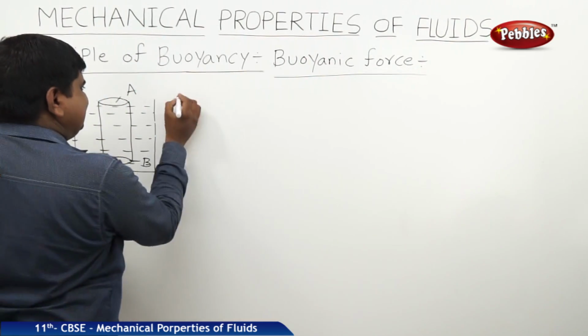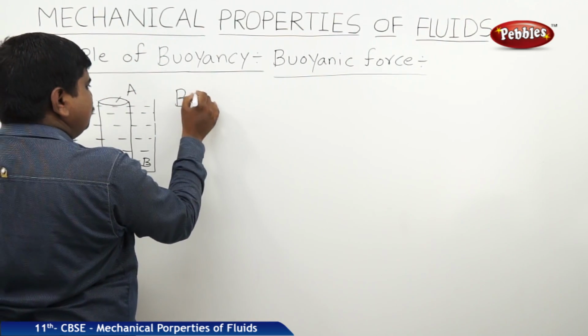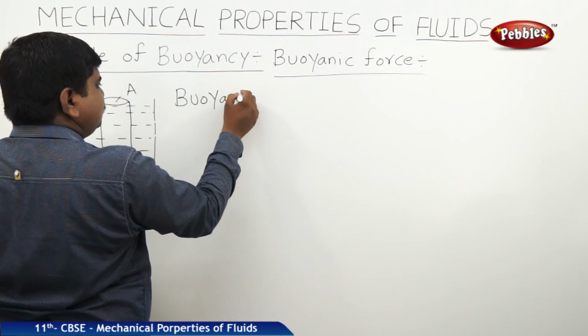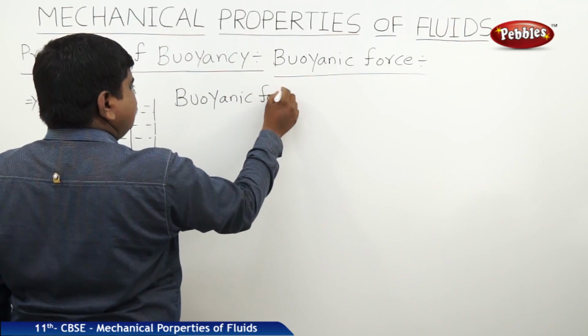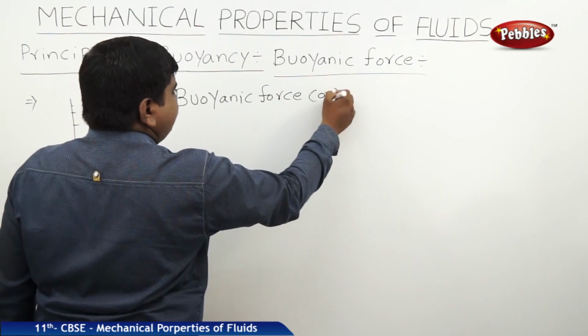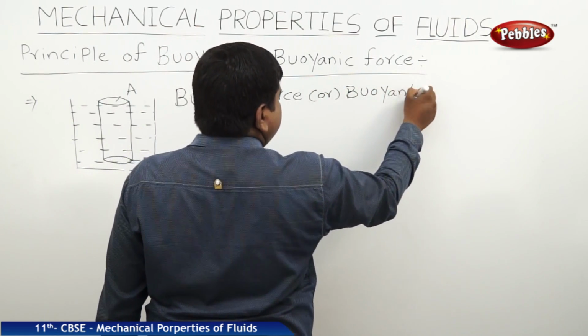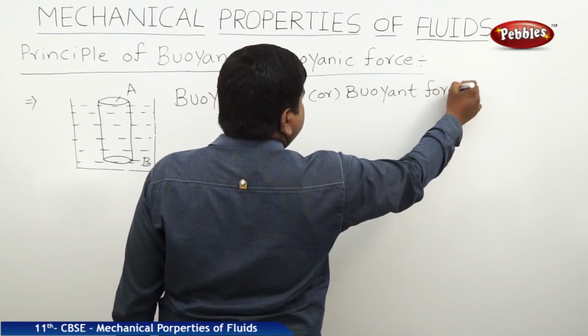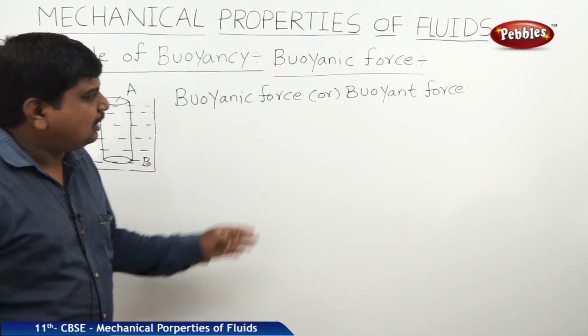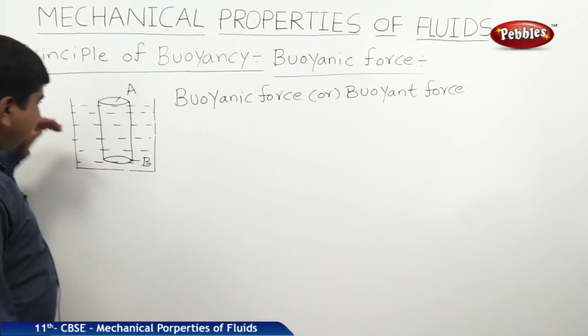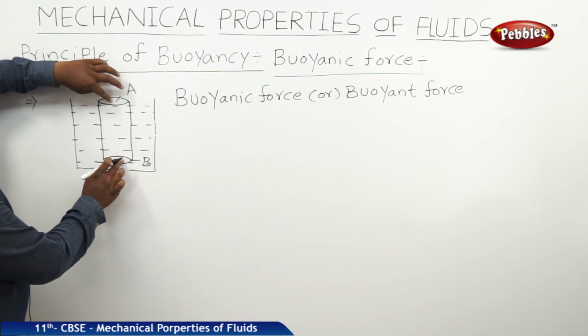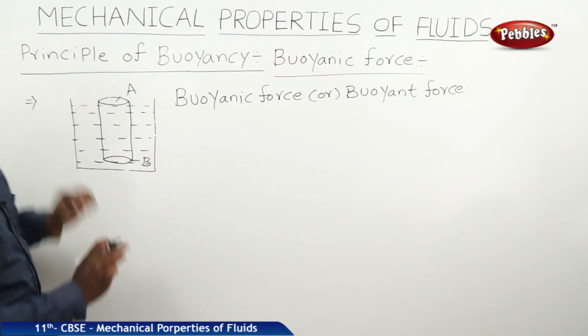Now we are going to derive the buoyant force. The buoyant force is nothing but the difference between the forces at the bottom end and the top end.